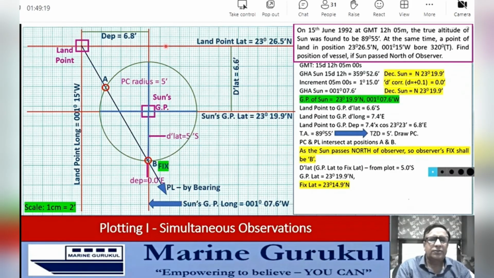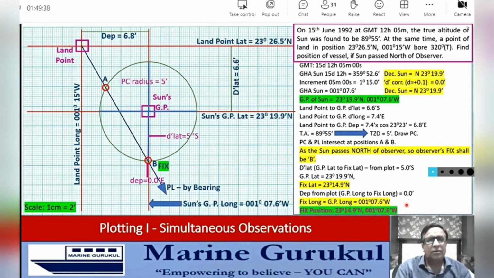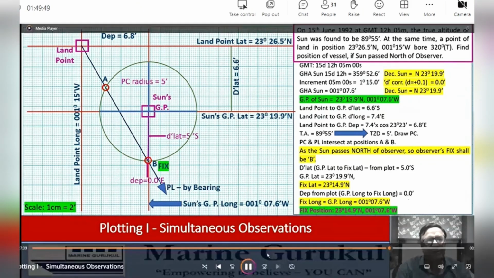The fix lies on the meridian of sun's GP. So departure from there is 0, therefore D long is also 0, and therefore the fix long is same as the longitude of the GP of the sun, which is 001 degrees 07.6 minutes west. And therefore now the coordinates of the fix are 23 degrees 14.9 minutes north, 001 degrees 07.6 minutes west.